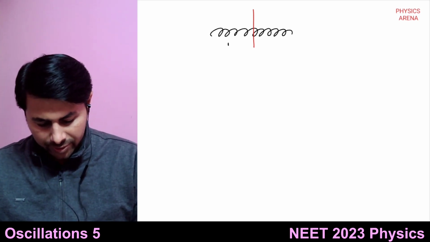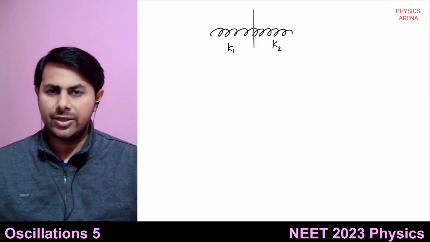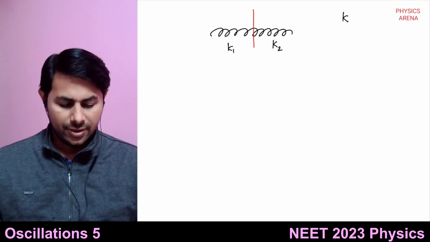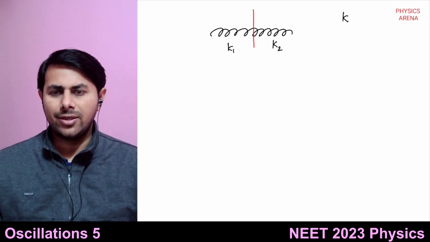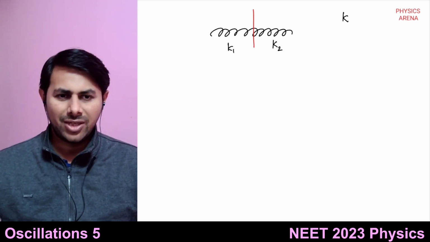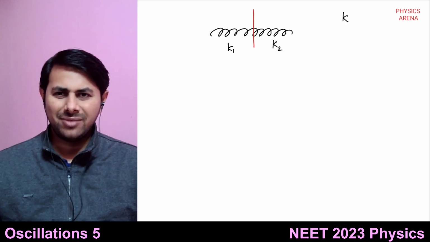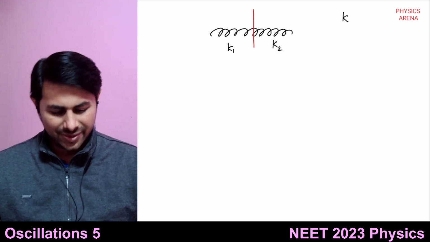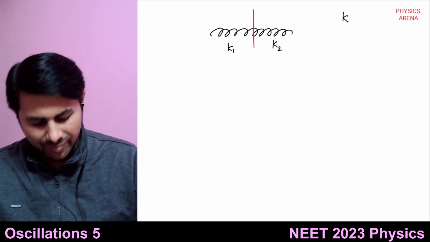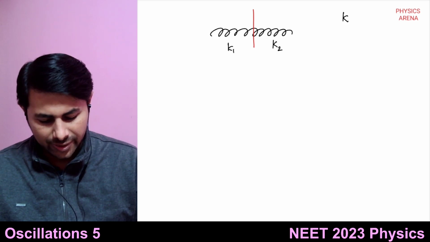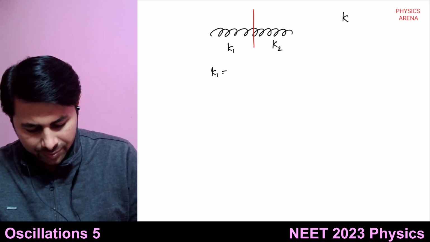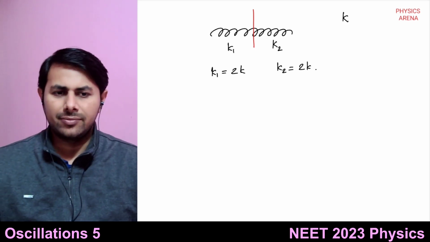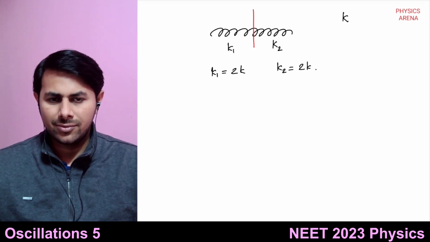The spring constant of the first one is K1, of the second one is K2, and the original spring constant was K. So how much would be K1 and K2? Length becomes half. If length becomes half, what happens to the spring constant? It becomes twice, because it is inversely proportional to length. So K1 equals 2K, K2 is also equal to 2K, right?